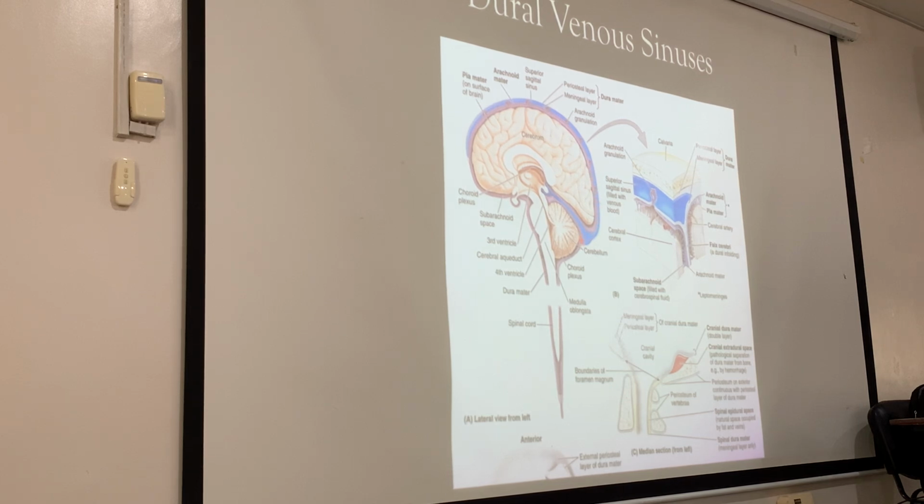and blood will flow down here into the confluence of sinuses. So the confluence is in the area of the inion. So again, the external occipital protuberance, underneath it is the confluence of sinuses. And from the confluence, the blood will go to the transverse sinuses, into the sigmoid sinus, and into the internal jugular vein. So that is the route of venous blood.